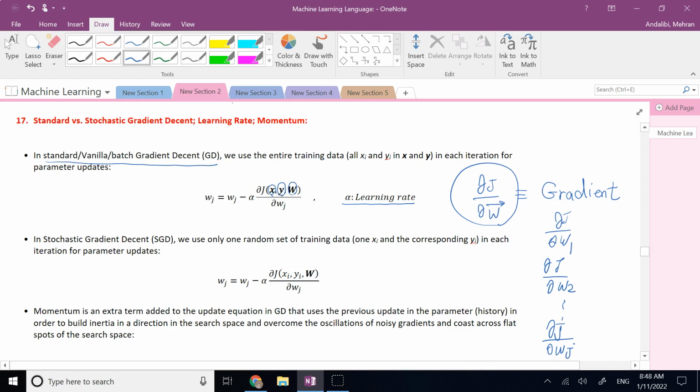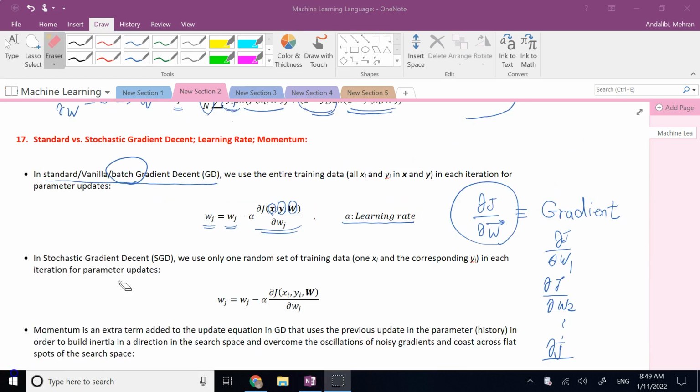So basically, I pass all of my training data to the cost function. And I use all of my training data in each step that I'm trying to update any one of the weights. This method of updating is called a batch method, which is allowing your training data, X and Y here, to be used in the optimization process once, all of them once, for the current iteration.